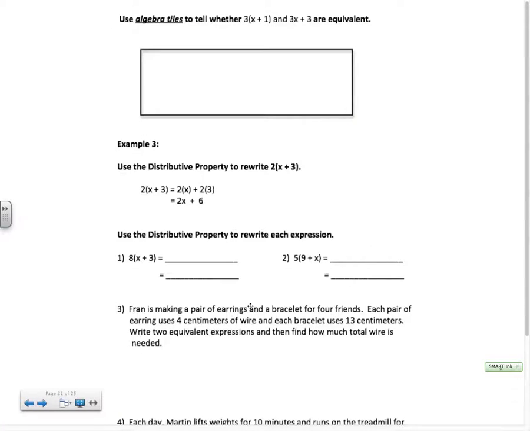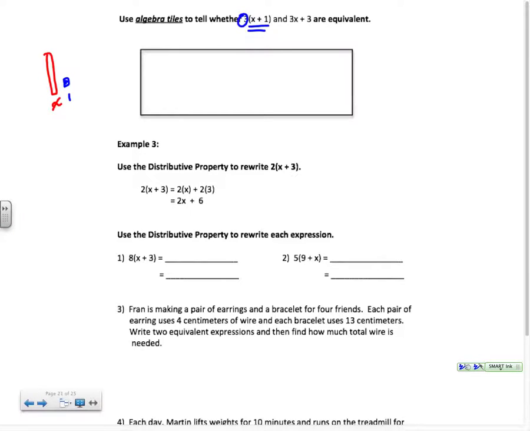All right, let's look at another example using algebra tiles. Tell whether 3 times x plus 1 and 3x plus 3 are equivalent. So let's remember, an algebra tile, this would be an x, and one little square would be the number 1, integer 1. So here, this means I have 3 groups of this.